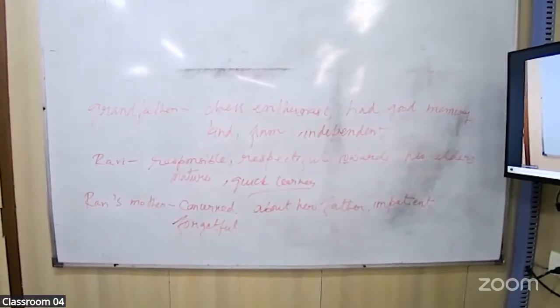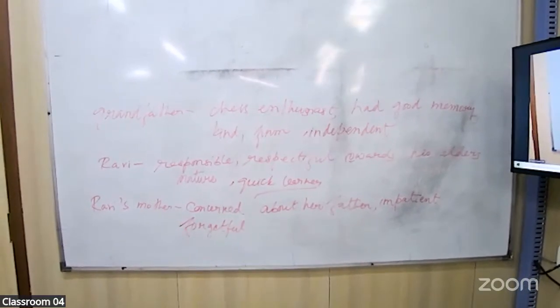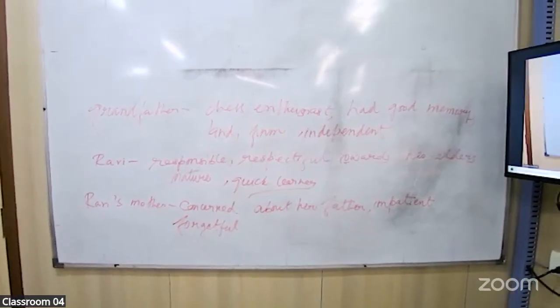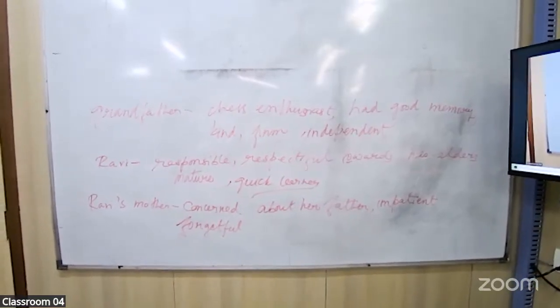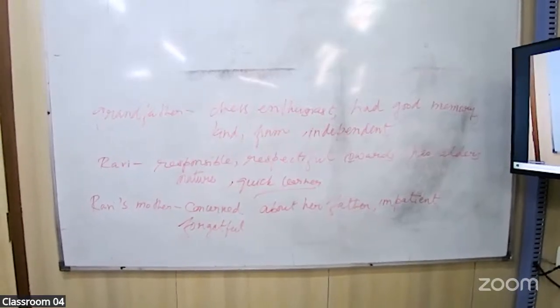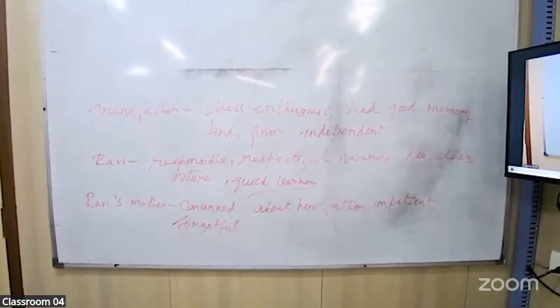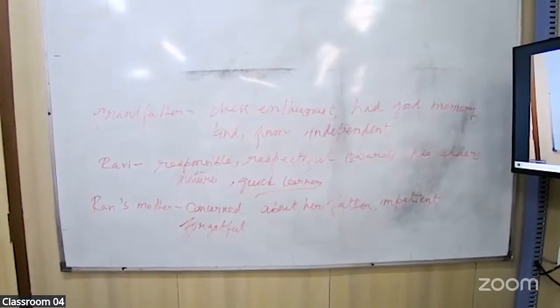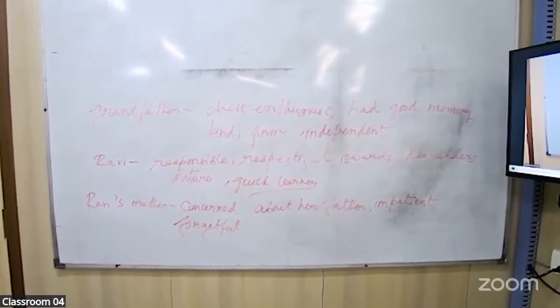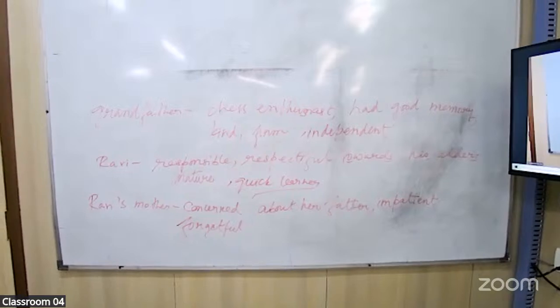Now, question number 6, we will not write, but we will discuss it further. Was grandfather aware that Ravi was following him? How did he know? He was aware. How do we know? Later on he gave him a gift.